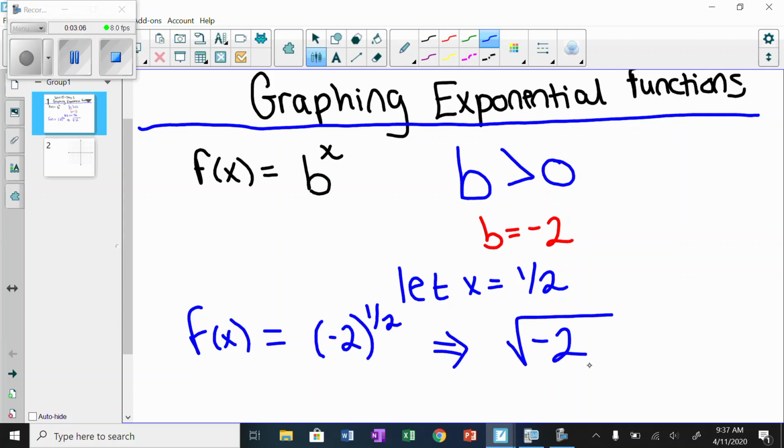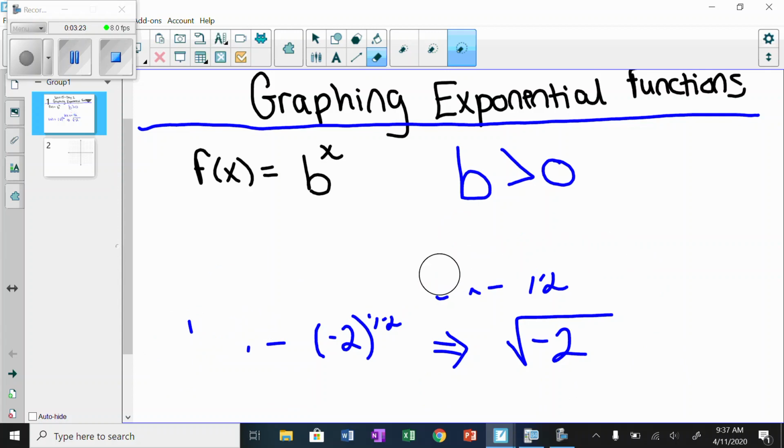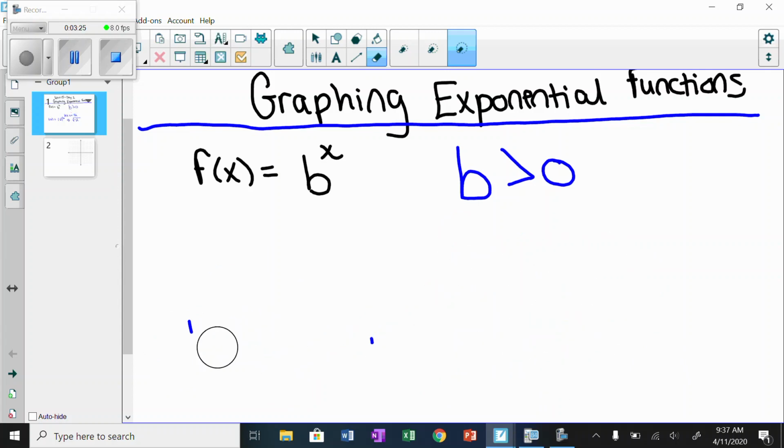Well, if f of x equals the root of -2, that would give us an imaginary number, and we don't graph imaginary numbers. So this is why b has to be greater than 0. B has to be greater than 0.